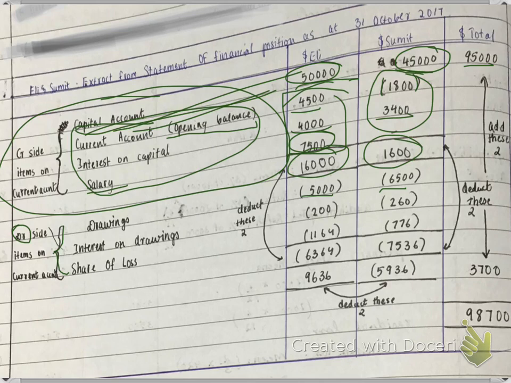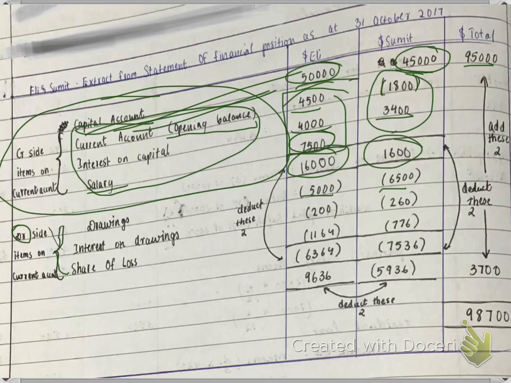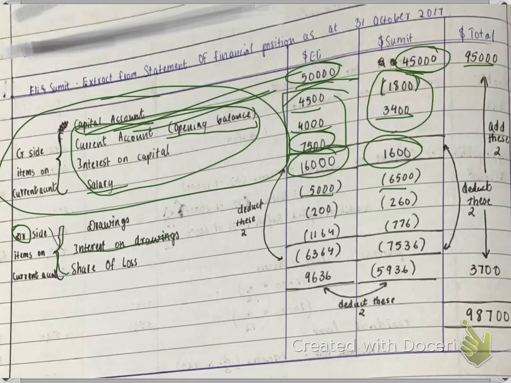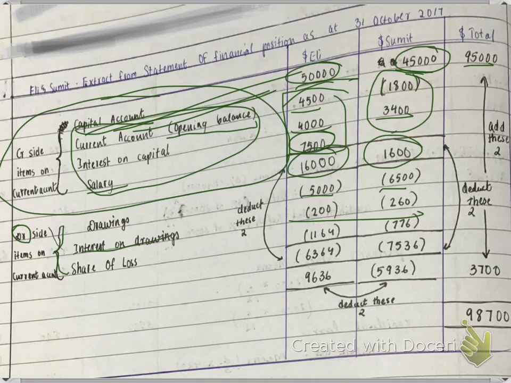So we record those values, and then interest on drawings, which is 200 and 260. So those are also recorded. Then the share of loss, which is 1,164 and 776. That's also recorded. After that, we add these three values and we get an amount here. Then again we add these three values and we get another amount here.